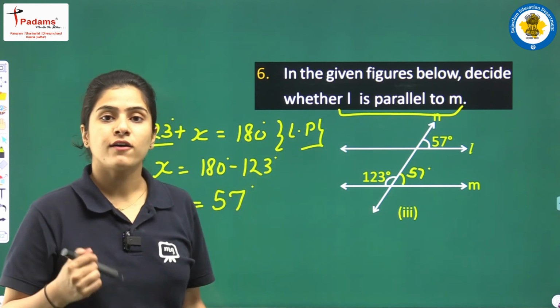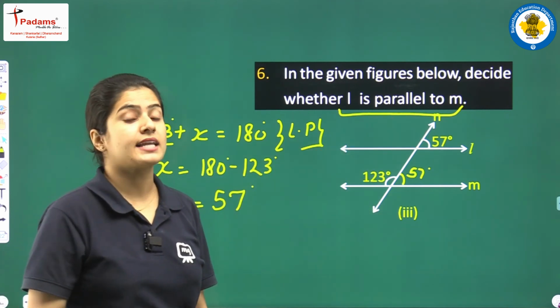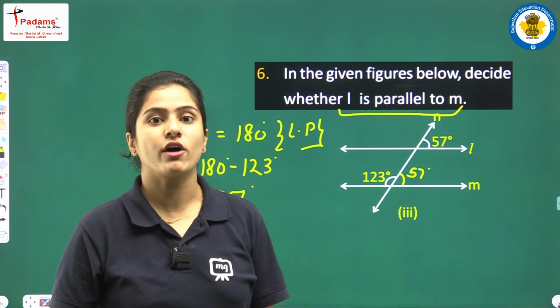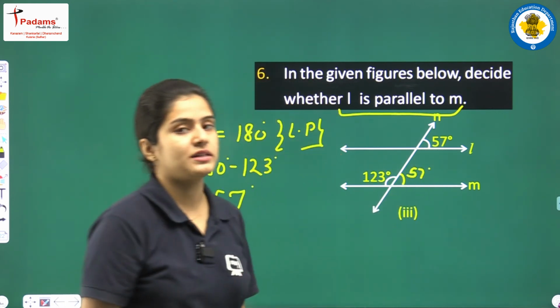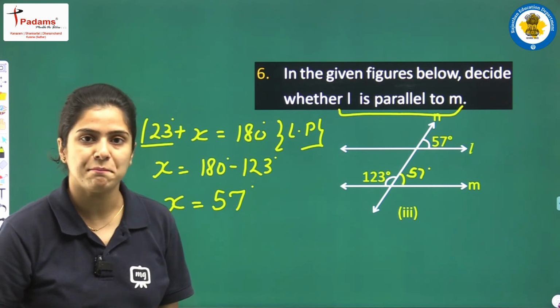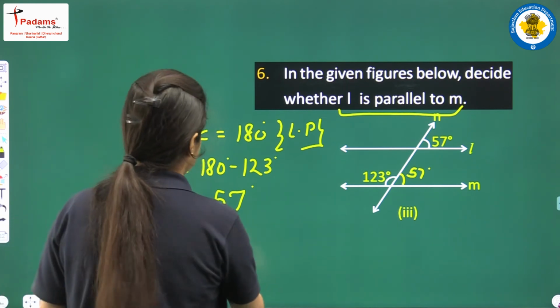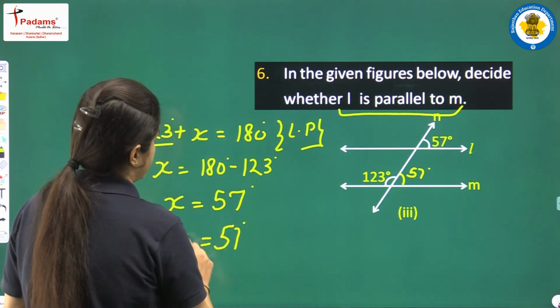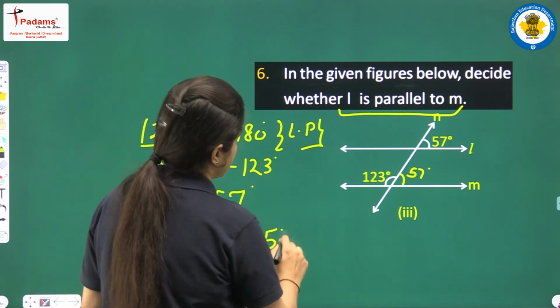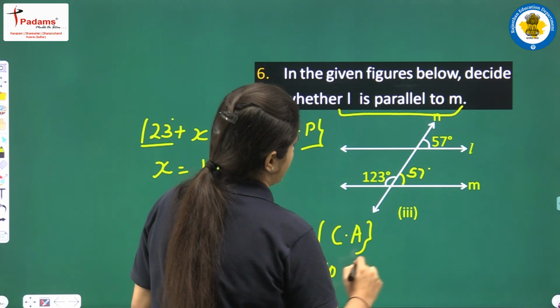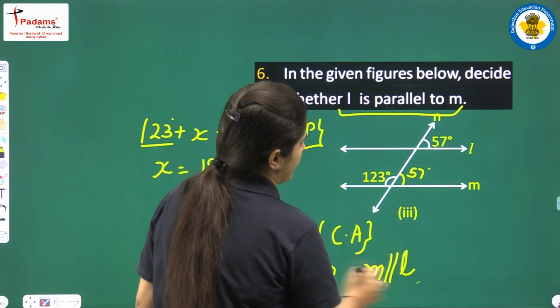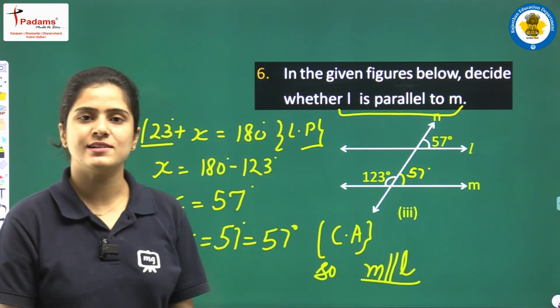These two are corresponding angles, and we know that if the lines are parallel then the corresponding angles are equal, and clearly these two angles are equal. That means these two lines are parallel. So x is equal to 57, corresponding angles. So M is parallel to L.